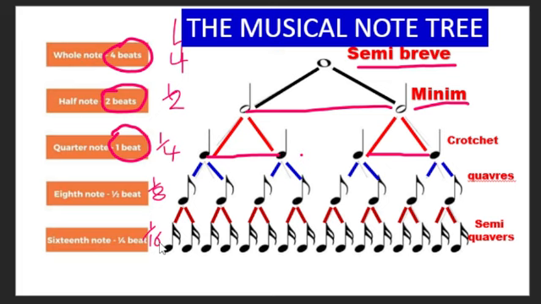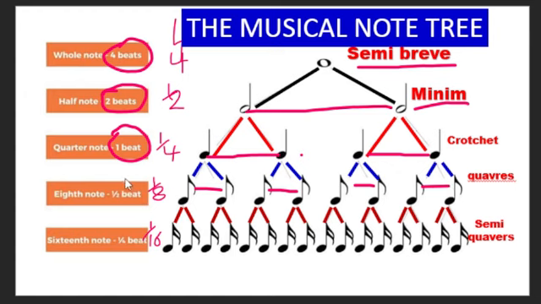Then you have quavers. Here are quavers. These are quavers with the flags and tails. These are the quavers, a pair of quavers. So 1 crotchet has 2 quavers. So 1 minim has 4 quavers.